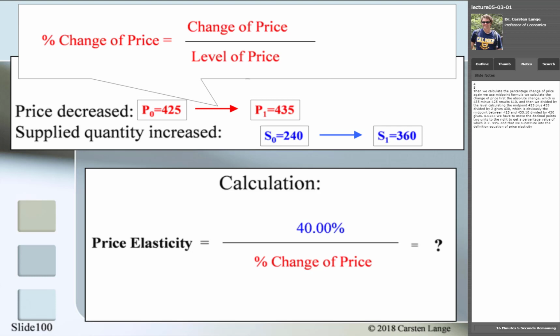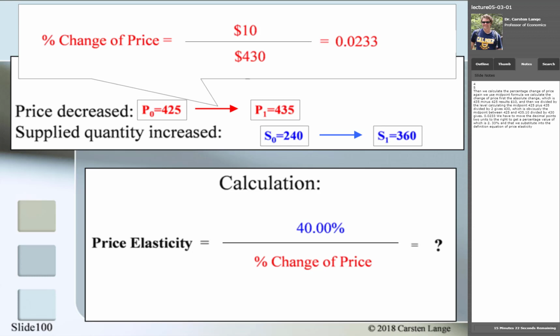We calculate the change of price first, the absolute change, which is 435 minus 425. The result is $10. Then we divide by the level, calculating the midpoint, 425 plus 435 divided by 2 gives 430, which is obviously the midpoint between 425 and 435. 10 divided by 430 gives 0.0233.